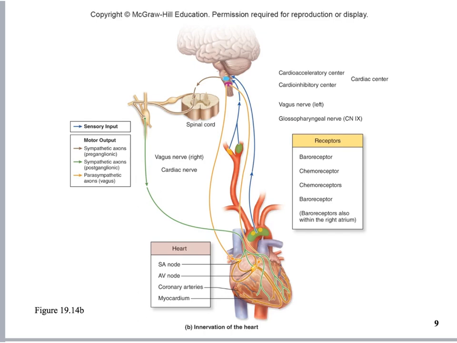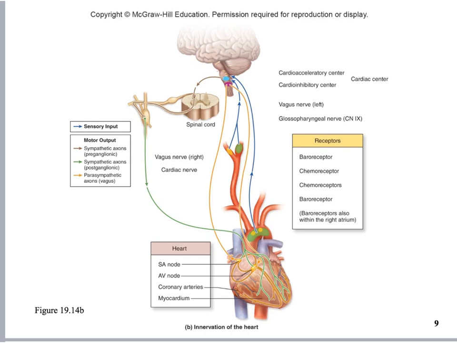Okay? So most of this comes from the cardiac center within the medulla oblongata. So the medulla helps control this, and it sends information via nerves to the heart. Okay? I don't really care that you see it goes through the vagus nerve or anything like that. But understand there are all of these stimulus inputs.